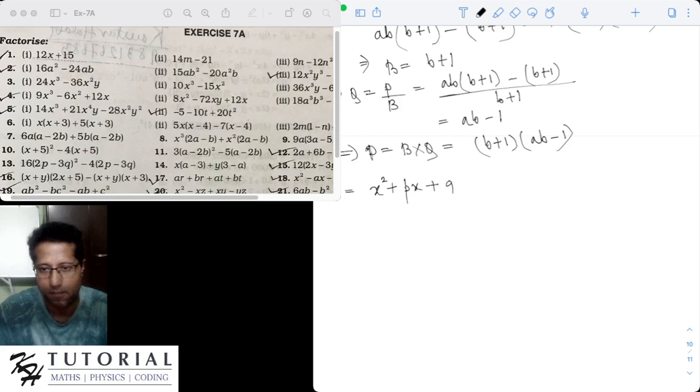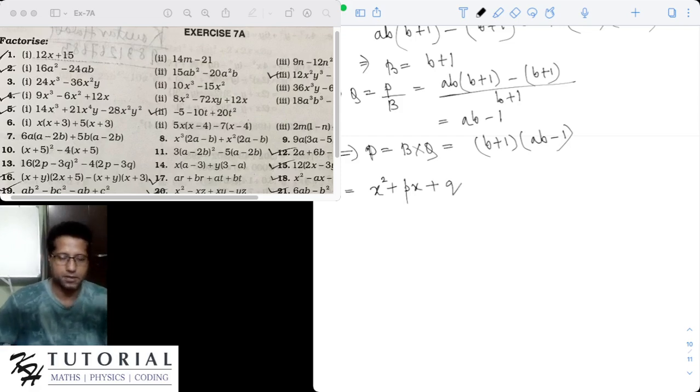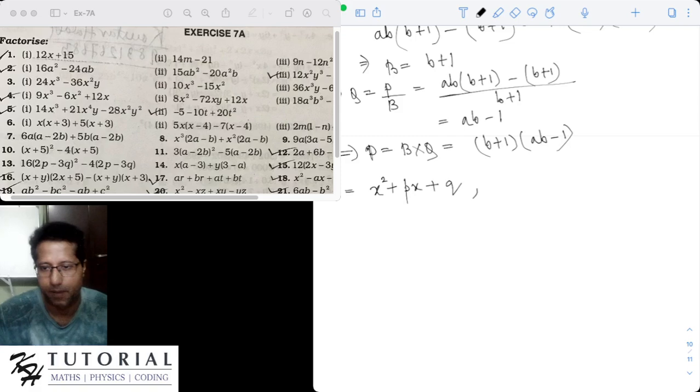So this is a polynomial of single variable x, and the degree of the polynomial is 2. So a polynomial of degree 2 is known as a quadratic polynomial. So how do we factorize this kind of polynomial? Also, how do we factorize a polynomial of the form say px square plus qx plus r?